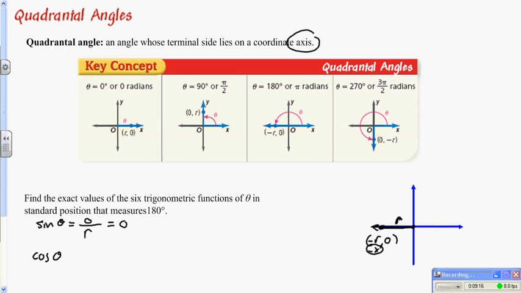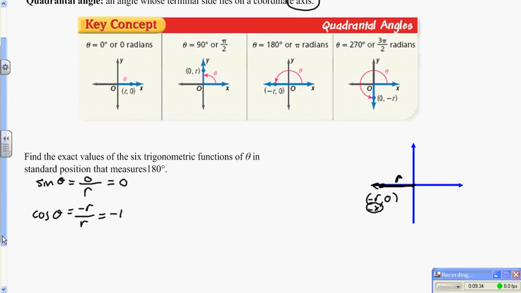Cosine of theta, and if you remember, we said adjacent was the x value, and the x value of that coordinate is negative r over the radius, or hypotenuse, r. That will give us negative 1. And tangent will be opposite, which was 0, over adjacent, which is negative r. Again, the y over the x, and that will give us 0. Now, at this point, I'm going to stop, and this will be the end of Part A.